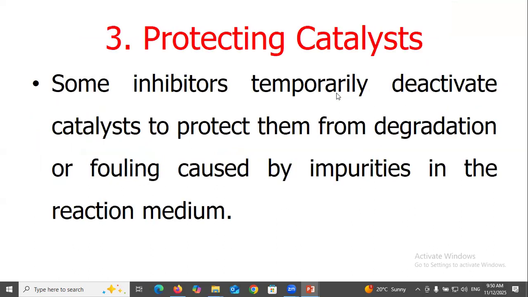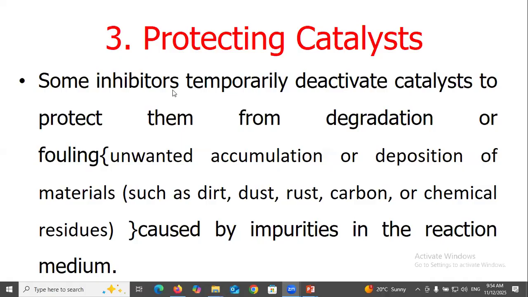Protecting the catalyst: some inhibitors temporarily deactivate the catalyst to protect it from degradation or fouling, that is the unwanted accumulation or deposition of materials such as dust, rust, carbon or chemical residues caused by impurities in the reaction medium.